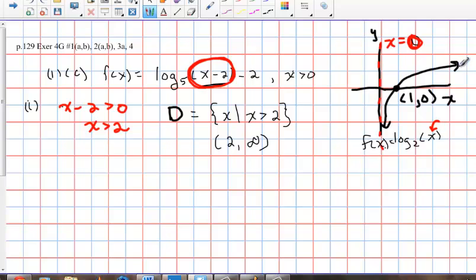However, it goes very slowly, but it never stops going towards positive infinity. In this case, we can say the range is equal to y, such that y is all real numbers. And of course, we can also write that in interval notation.